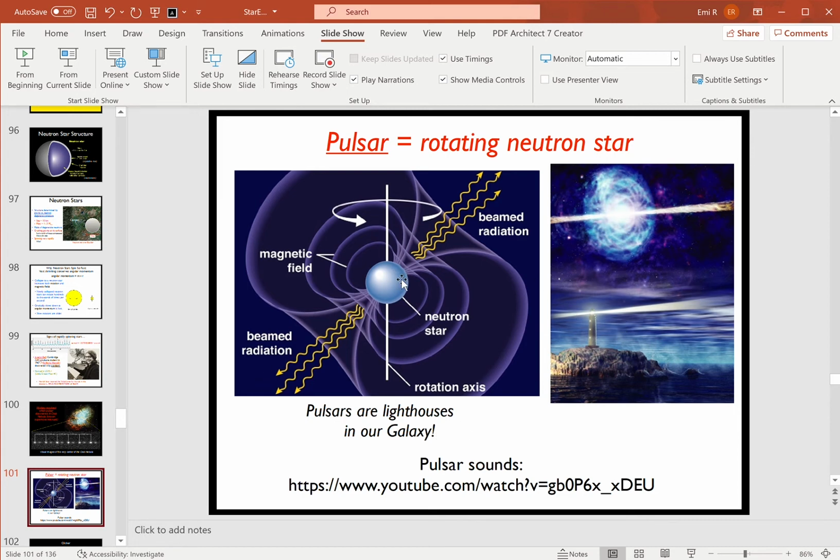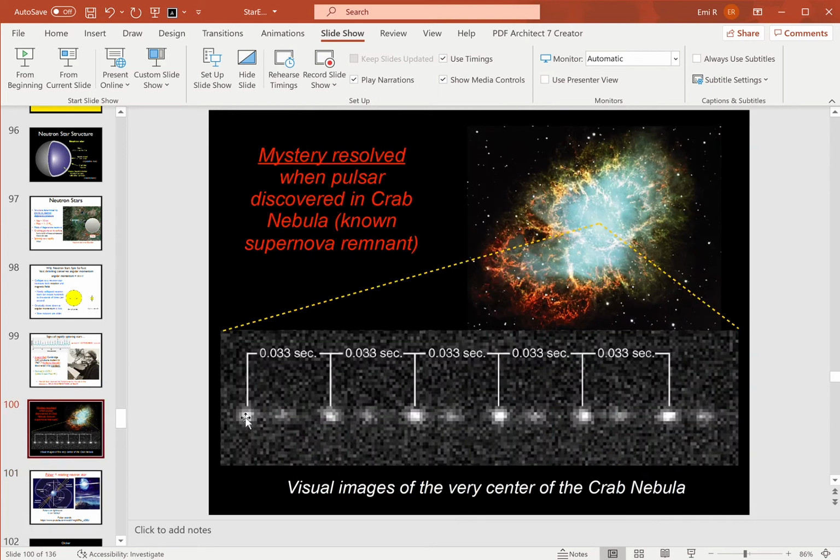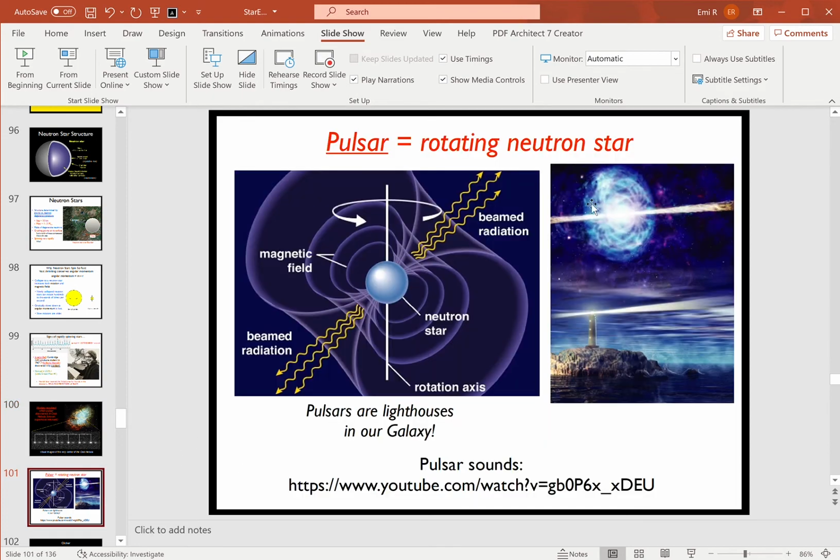The jets are out of the poles, and as the star rotates, sometimes the jet is right in front of you, so that's when the star appears very, very bright. And once the ray of light passes, the star dims a little bit until you are again in the path of this ray of light emanating from the pole.